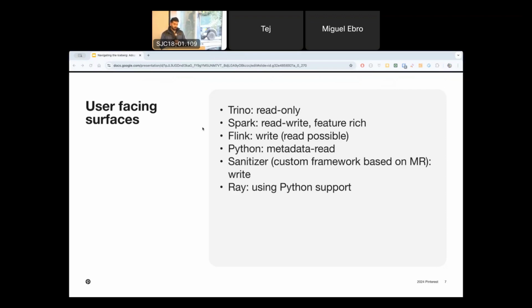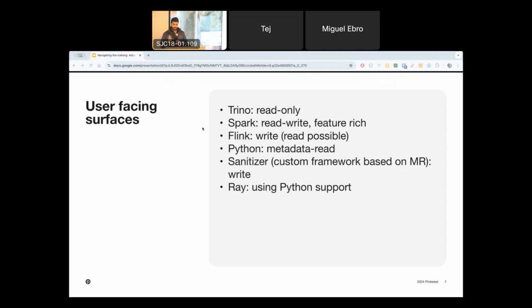We also allow our users to read Iceberg metadata, take a lot of actions like waiting on data to be ready, checking on data quality, publishing metadata, all that from a Python library. And then we do have a lot of MapReduce footprint at Pinterest, but we have a custom framework built on top of MapReduce, which we call a sanitizer.